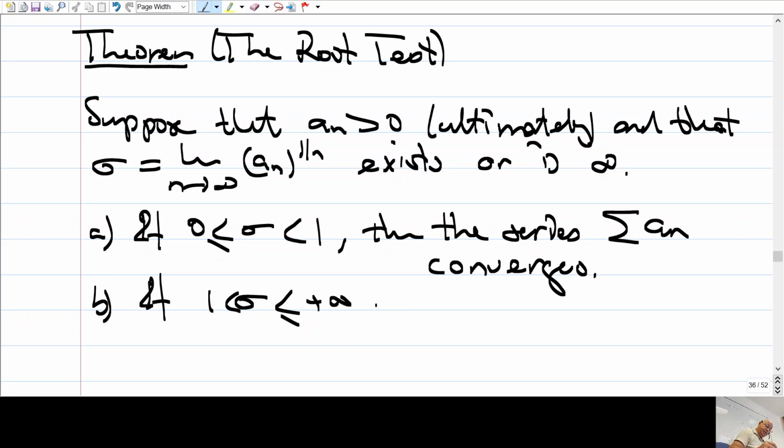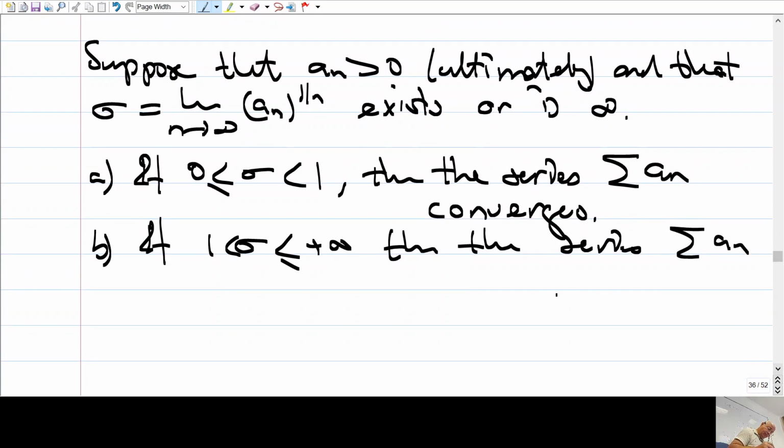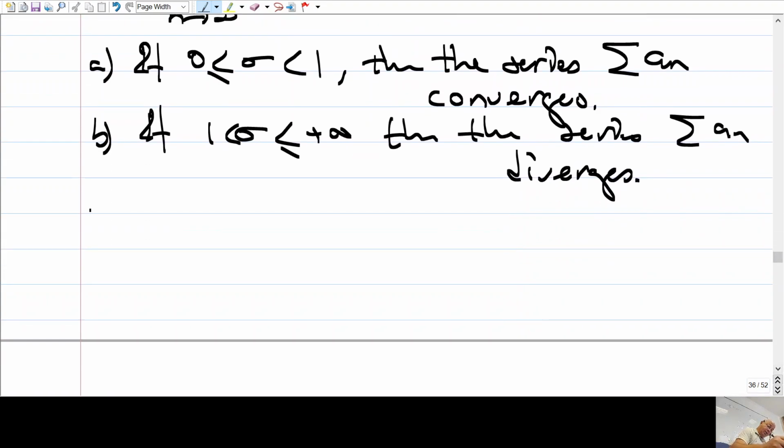If sigma is greater than 1, then the series diverges. If sigma equals 1, then there is no conclusion.